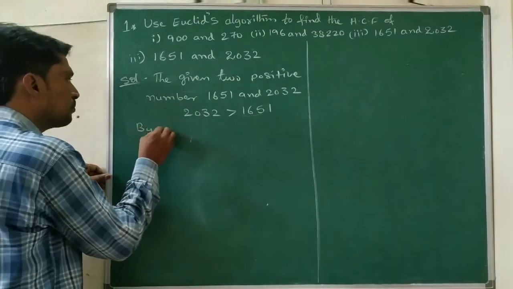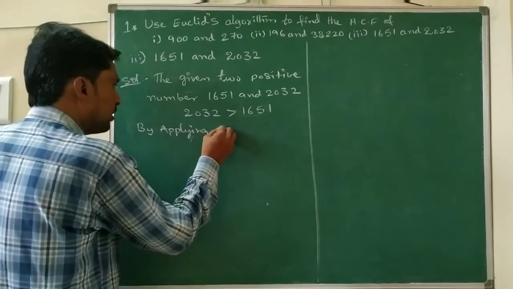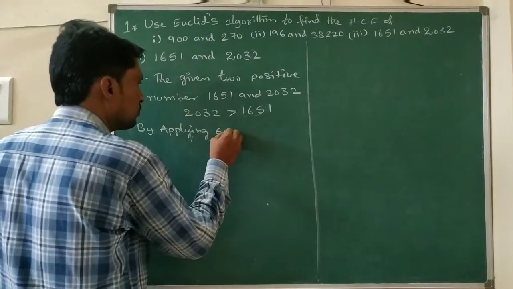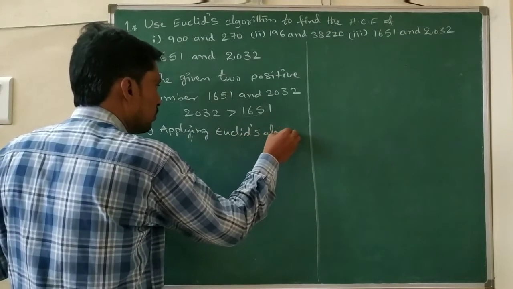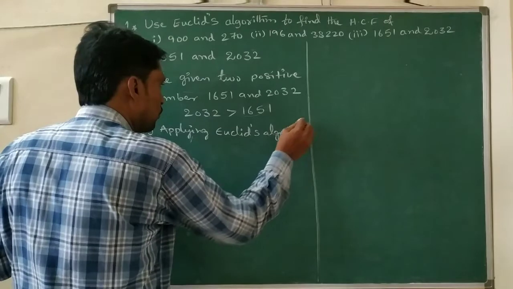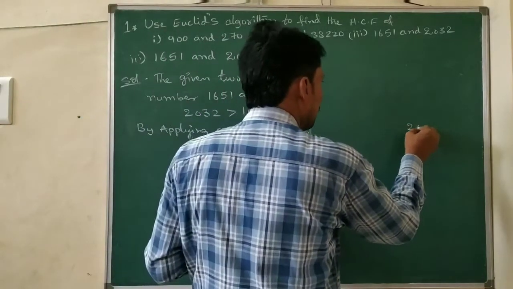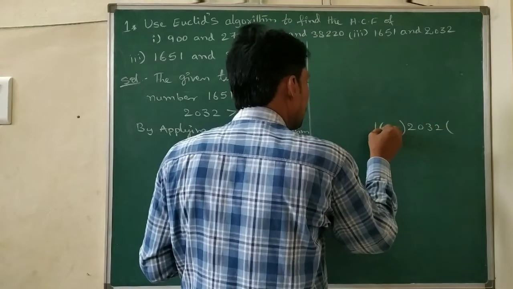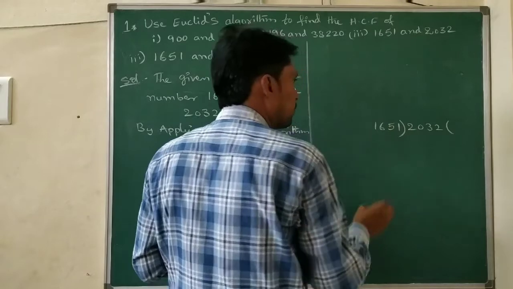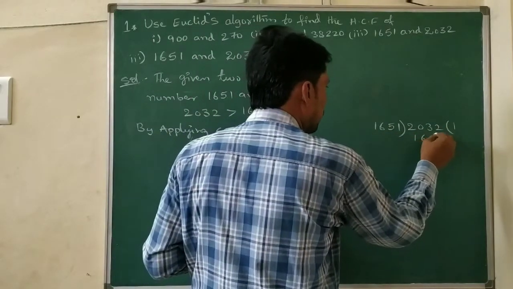By applying Euclid's algorithm, we take the rough work: 2032 divided by 1651. 1651 ones are 1651.